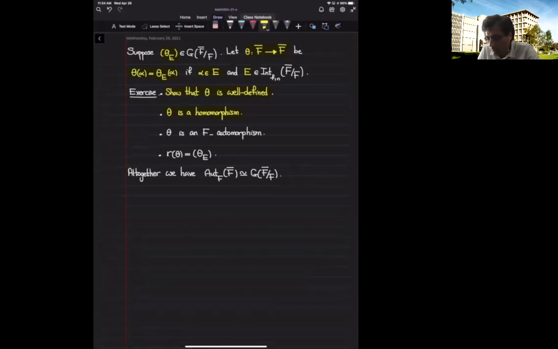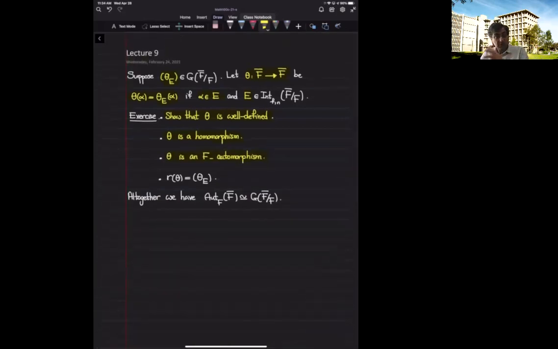Now, theta is a homomorphism, and the restriction to F is trivial, is identity. So it's an F-linear map. It's from a field to a field, so it is injective. And in the image of theta, I get the image of the theta E's.